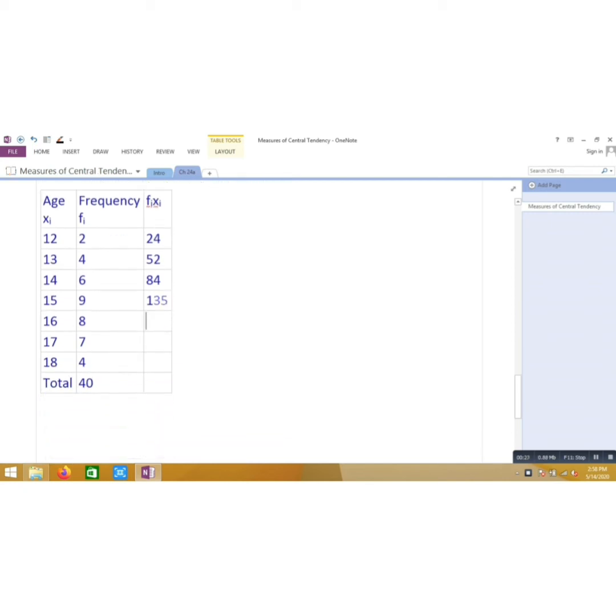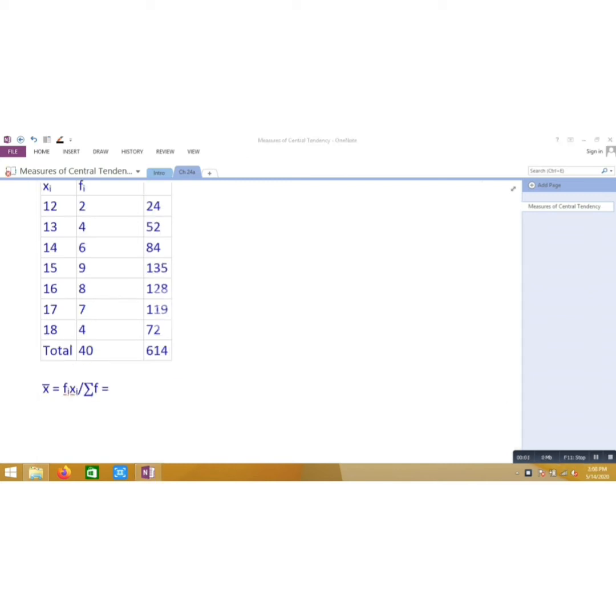And then we can find the total frequency and total of fx to get the arithmetic mean. The formula is given below. So just by substituting the values, 614 by 40, we get the arithmetic mean as 15.35.